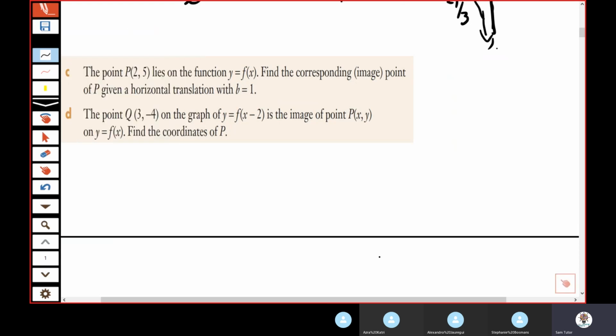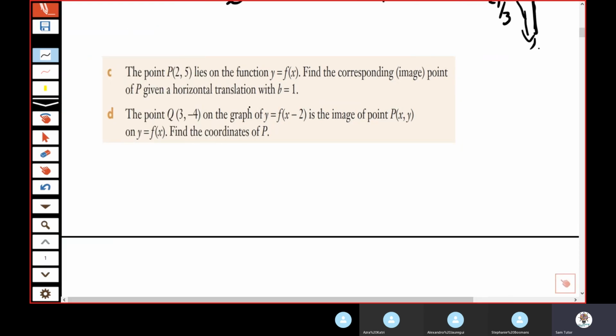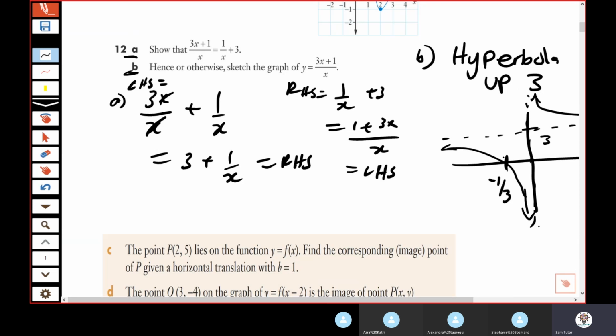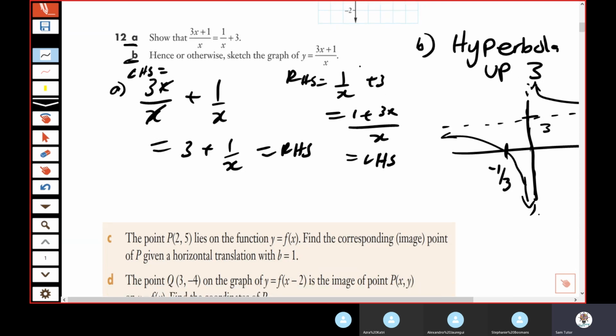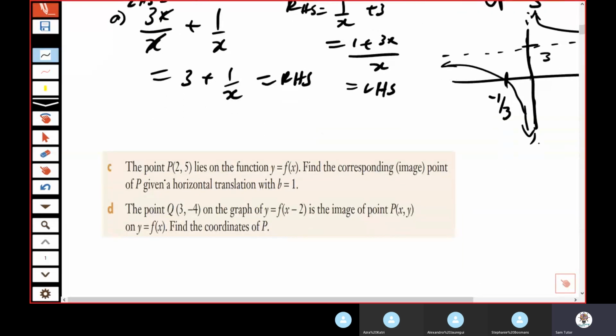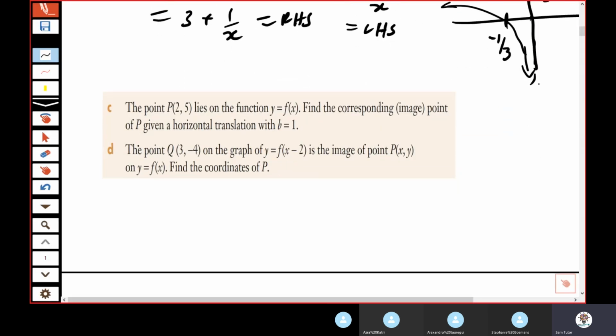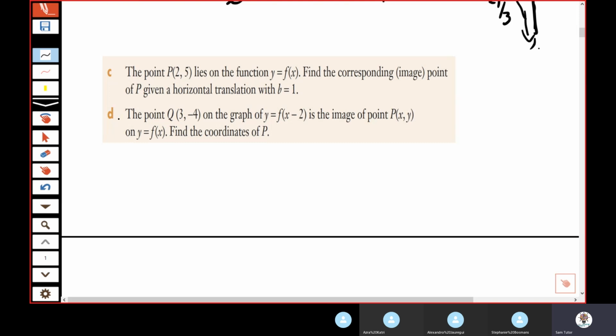So these are the ones that I'm really worried about. These ones here, I feel like we will eventually get, or we already do get really well. So it's not so much those styles of questions you probably want to do. It's more these styles of questions. The point P, 2 and 5, lies on the function y equals f of x.